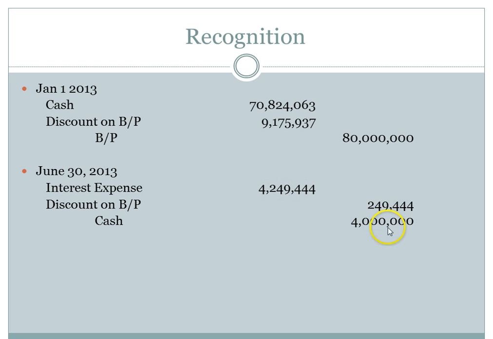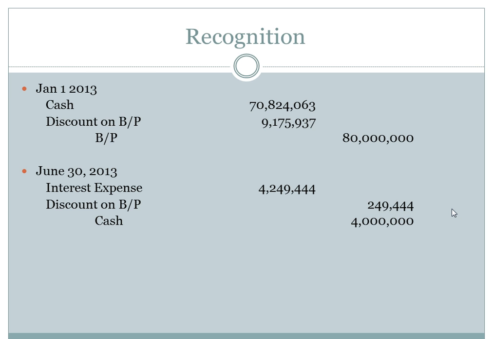The difference between what I'm paying out in cash and the amount of interest expense that I'm recognizing is going to go to the discount on bonds payable account. Notice here what's going to happen is I'm going to reduce my discount on bonds payable. Discount on bonds payable is again one of those contra liability accounts.